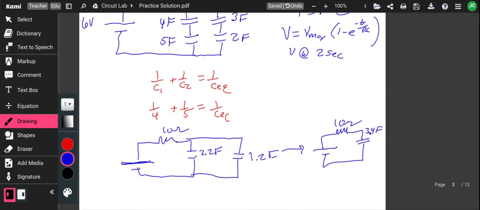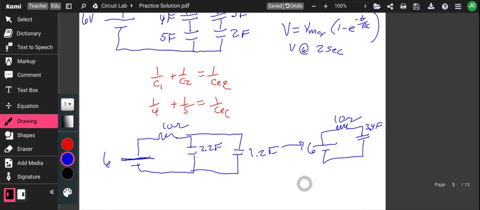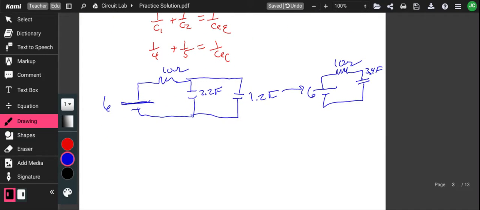The battery was a 6-volt battery, and so when we have a capacitor, the capacitor takes time to charge. And so we say that the voltage that the capacitor is at a particular time, voltage at T, is equal to the maximum voltage it could get to. The maximum voltage a capacitor could get to is the voltage of its battery.